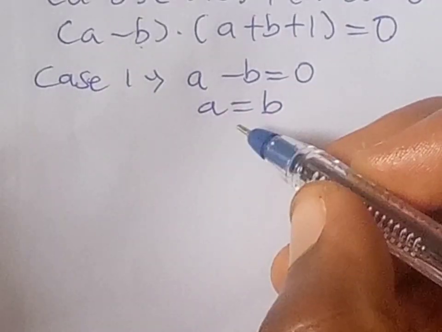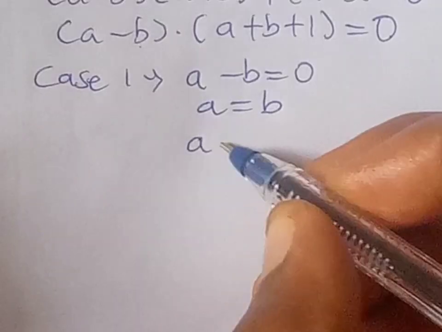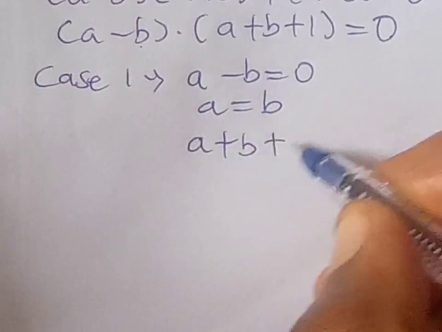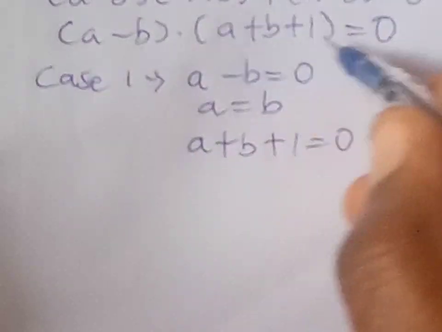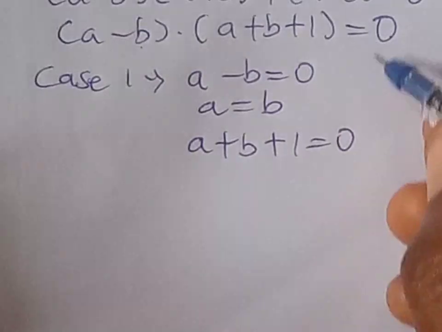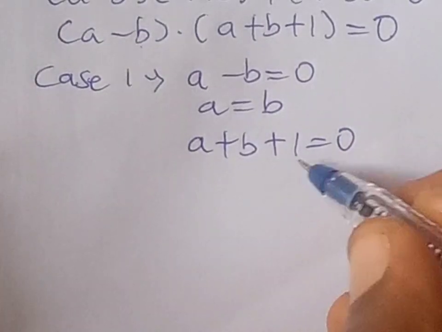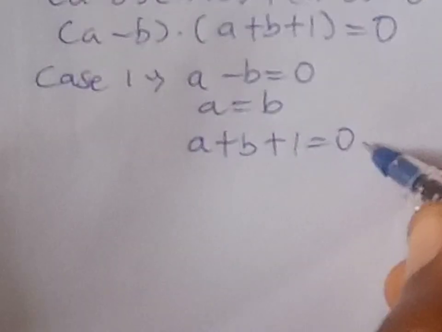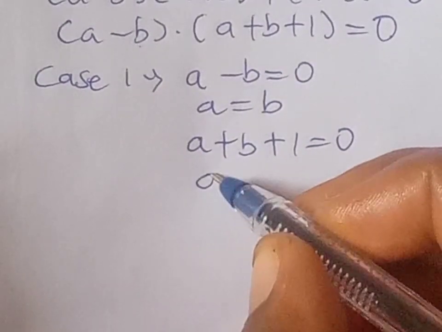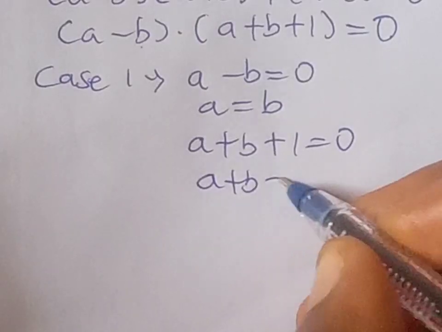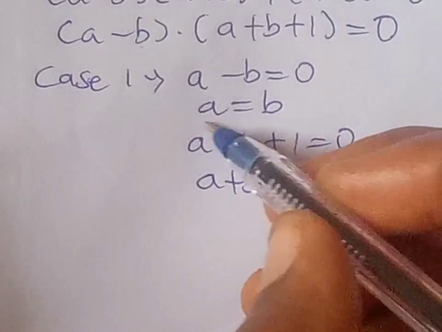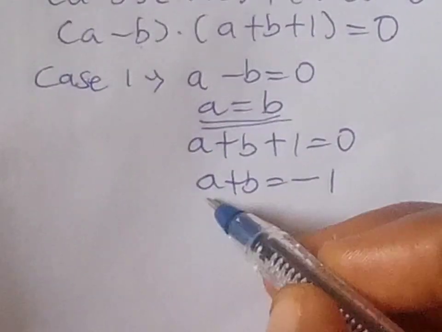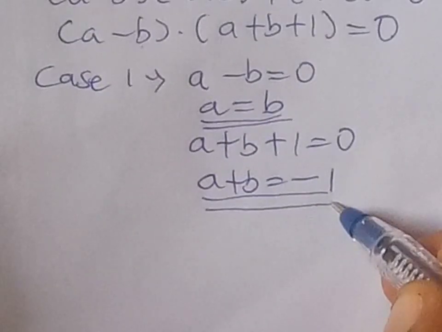Now, the second case is what? a plus b plus 1 equals 0, which will give us a plus b equals minus 1. So for case 1, we have this, and for case 2, we have this.